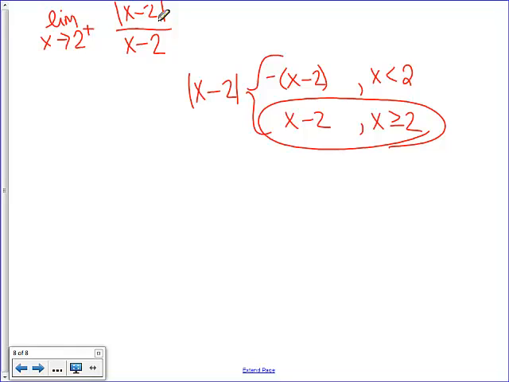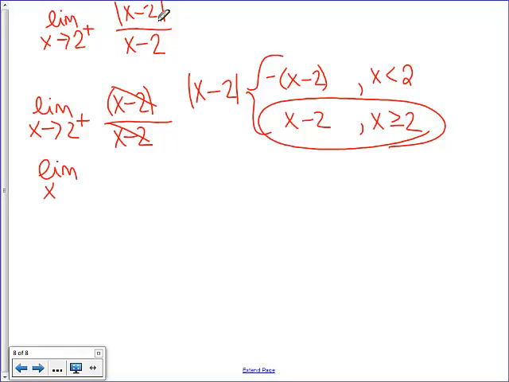So, the limit as x approaches 2 from the positive side of x minus 2 on top, and again x minus 2 on bottom. See anything that will cancel? Well, yes, it will cancel. And my limit as x approaches 2 from the positive side equals 1.